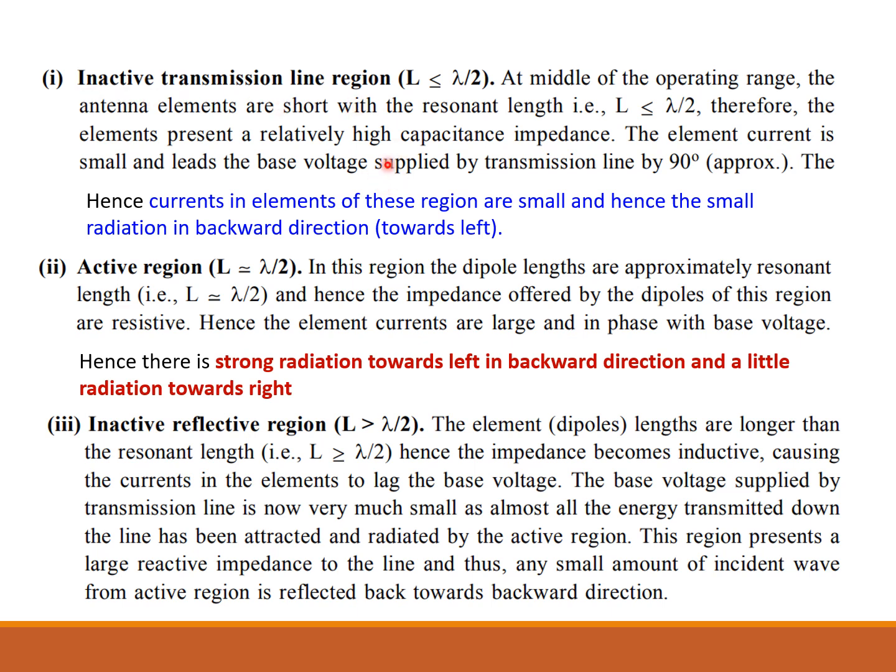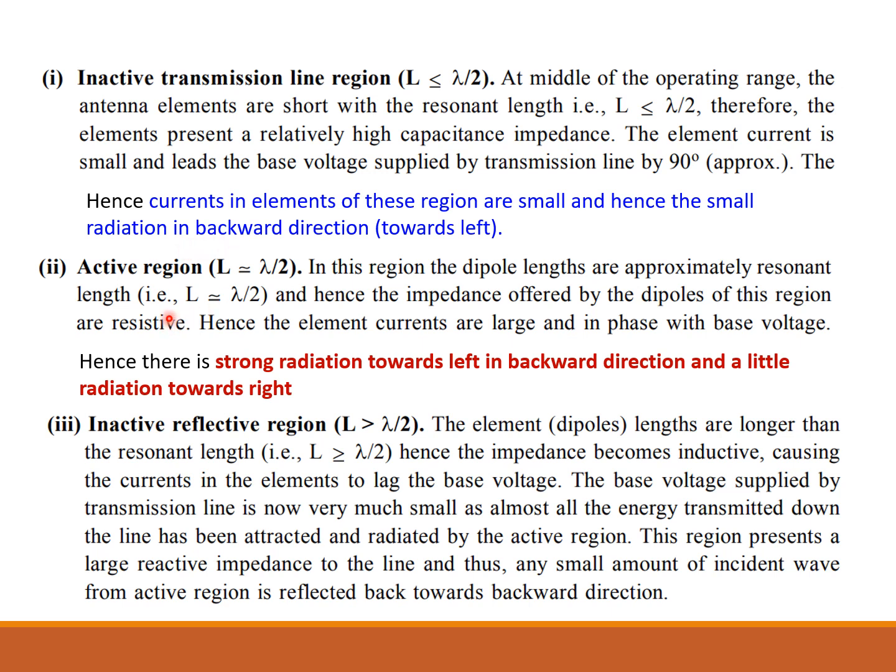Here the elements offer high capacitive impedance, and hence the element current is small and leads the base voltage supplied by the transmission line by 90 degrees. So the currents in the elements of this region are small, and hence there is small radiation in the backward direction.